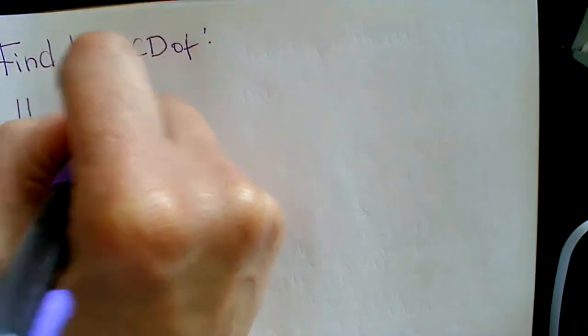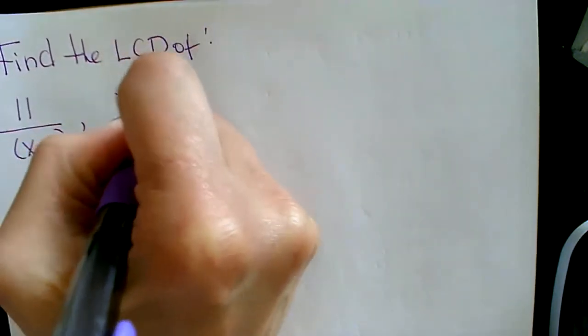This one says exactly the same. Find the lowest common denominator of, and we've been given 11 over x minus 2, x plus 3.